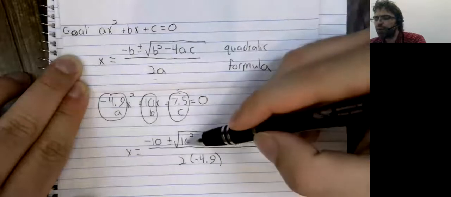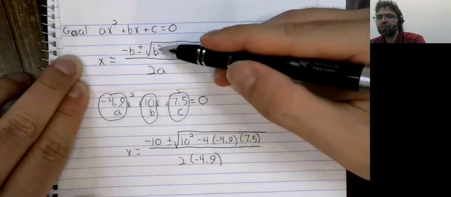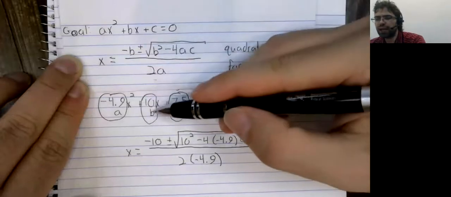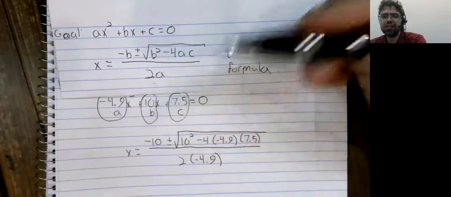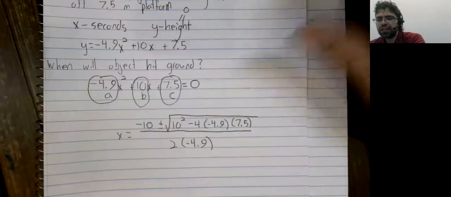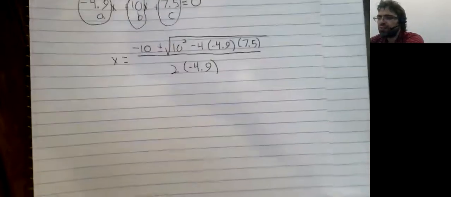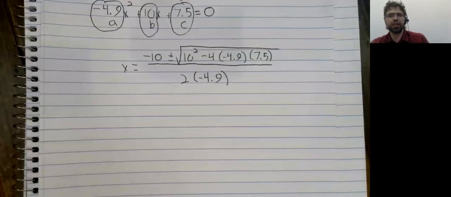So like, why do we have a 10 squared here? Well, it's from the b squared. b equals 10. And now we're going to take this and plug it into our calculator.